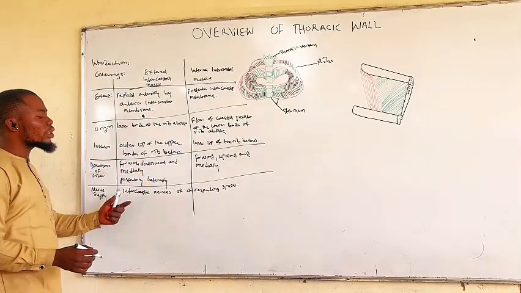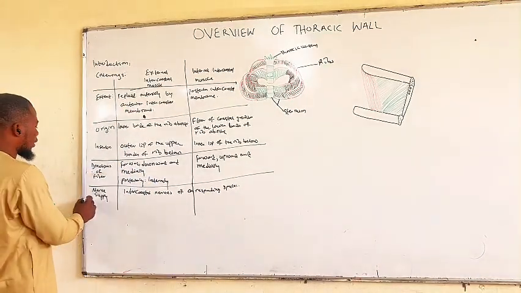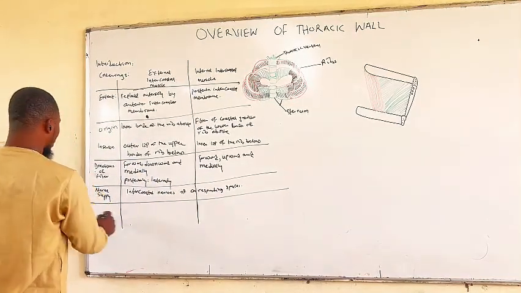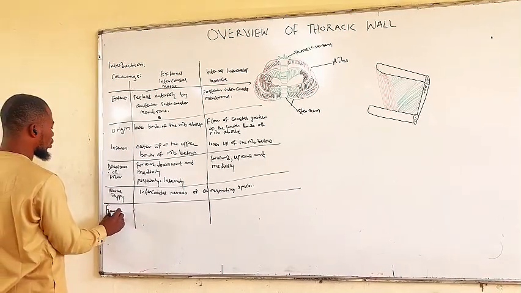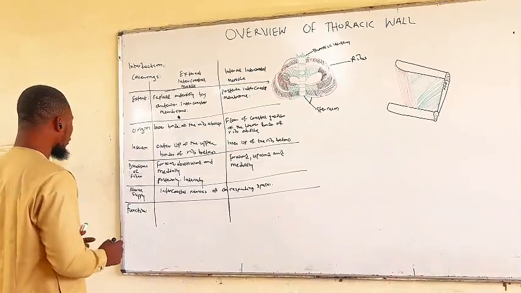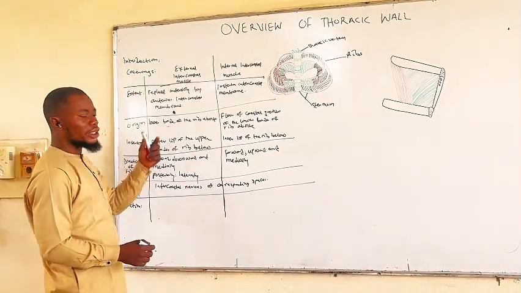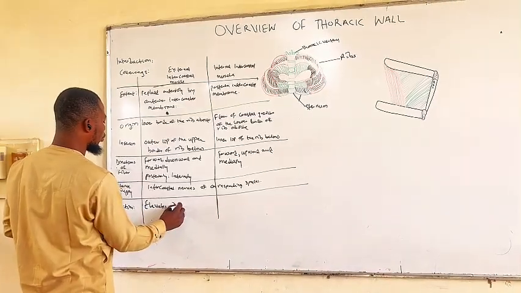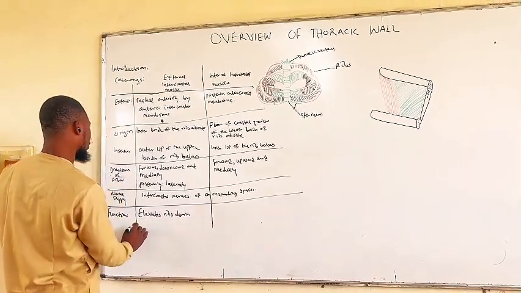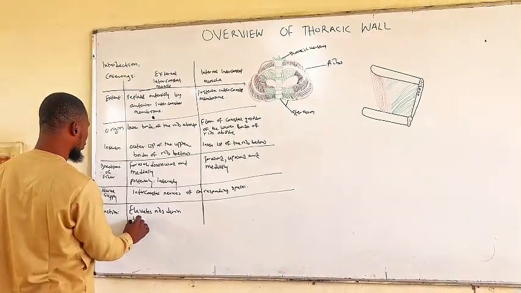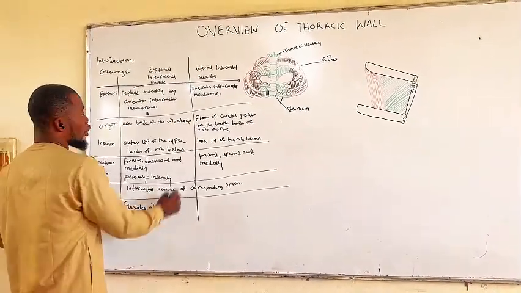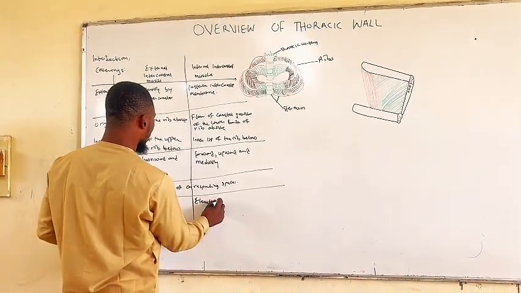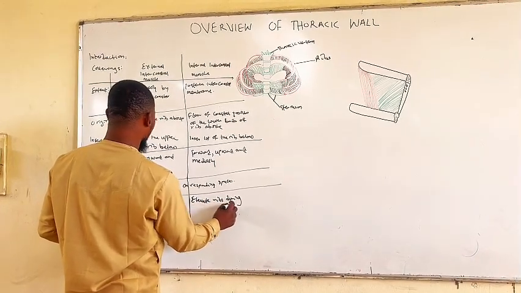Up next is function. The external intercostal muscle helps to elevate ribs during inhalation, whereas the internal intercostal muscle helps to elevate ribs during exhalation.